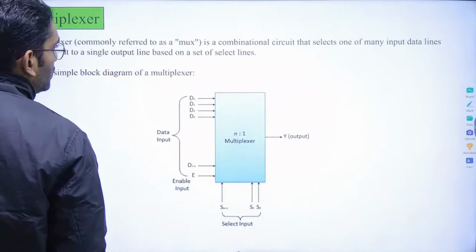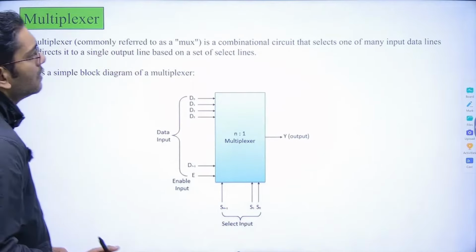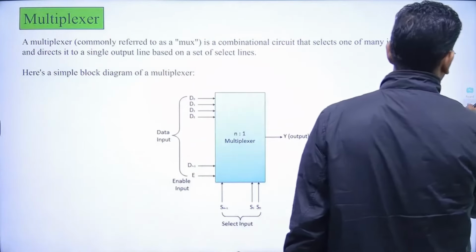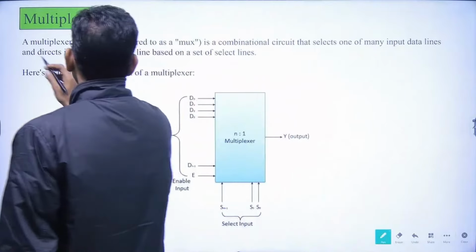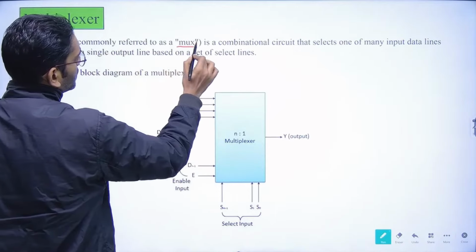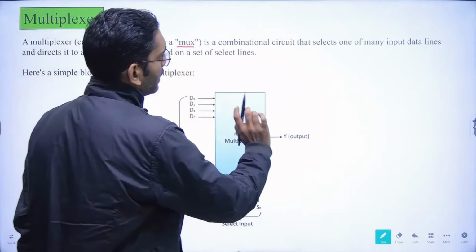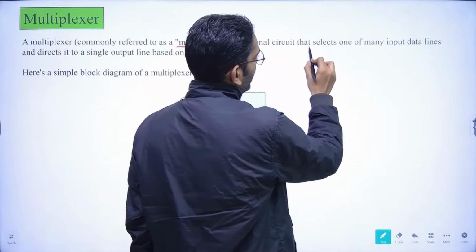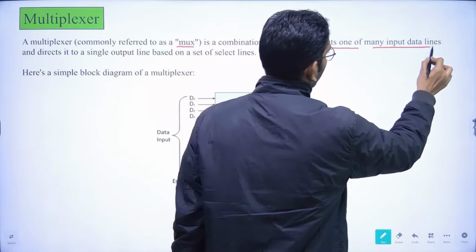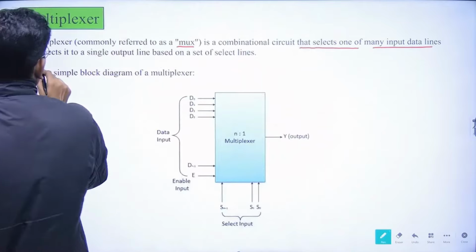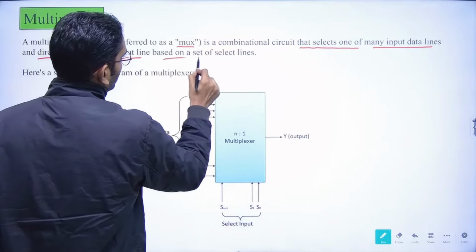So what is a multiplexer? A multiplexer, commonly referred to as a MUX, is a combinational circuit that selects one of many input data lines and directs it to a single output line based on a set of select lines.